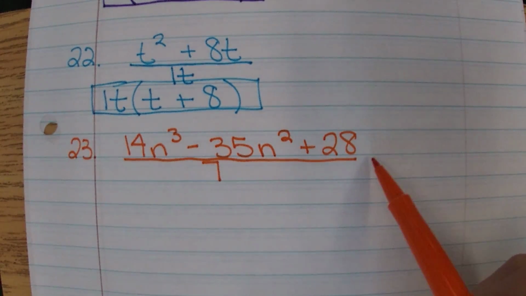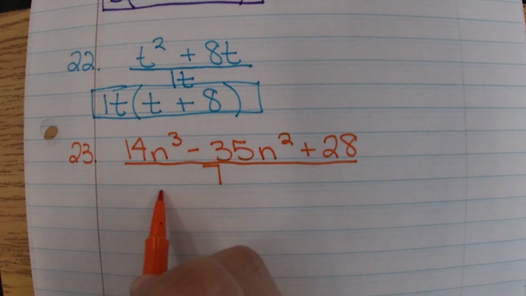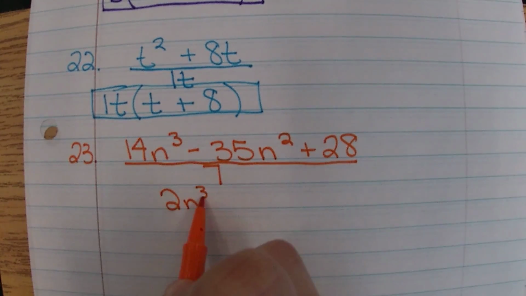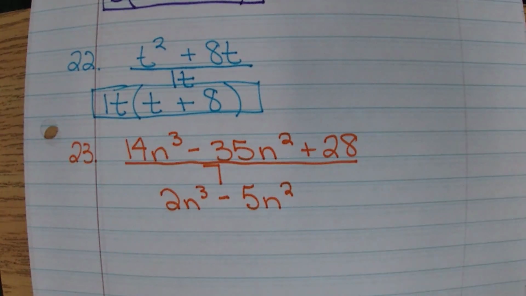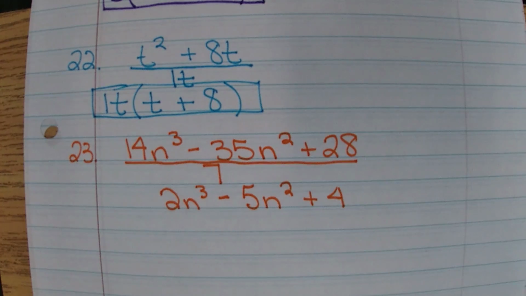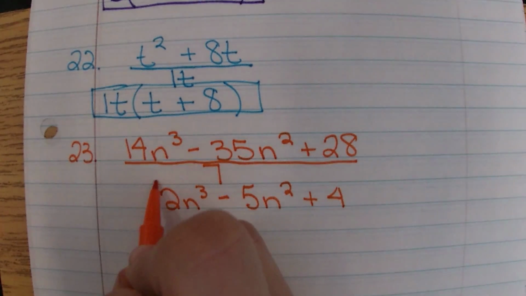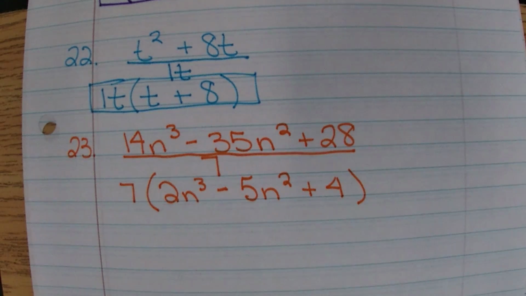There's no n over here in our third term, so we can't pull out an n. So we'll divide by 7, which gives us a 2n to the third minus a 5n squared plus 4. Nothing else will divide out other than 1. So our answer should be 7 times 2n to the third minus 5n squared plus 4.